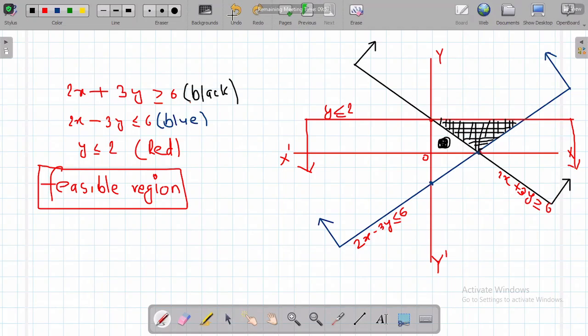So this is called feasible region. Now let me write the name also. A triangle is formed: A, B, and C. Now you can write from the graph, triangle ABC represents the feasible region.